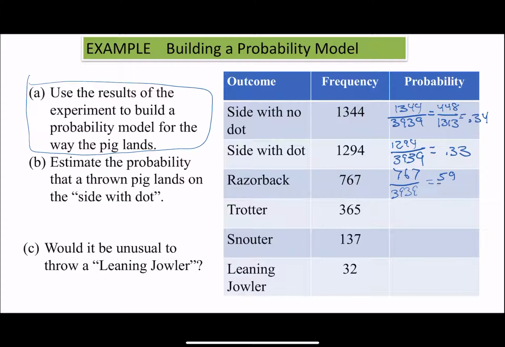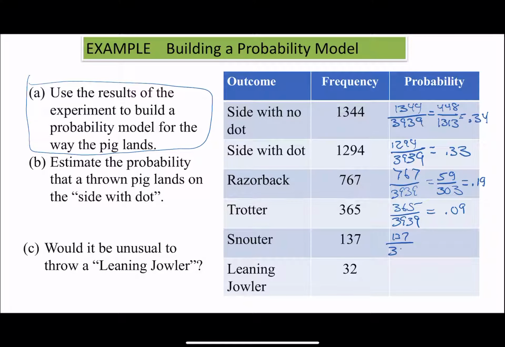Next is 759 over 3939, which is approximately 0.19. Then 365 over 3939, which does not simplify, and that goes to about 0.09.